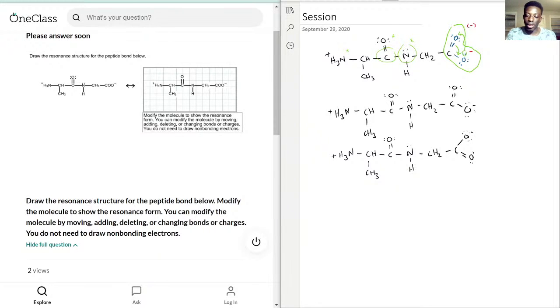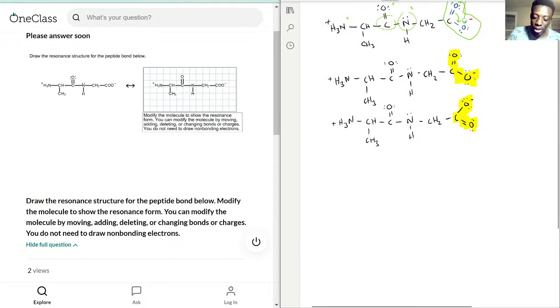Okay. And this is what would signify our two resonance structures. Those are where the bonds are moving. Okay. And now, I don't know how that software works, but this is probably what it is going to look like when they ask for that one resonance structure that would, I guess, represent these two together.